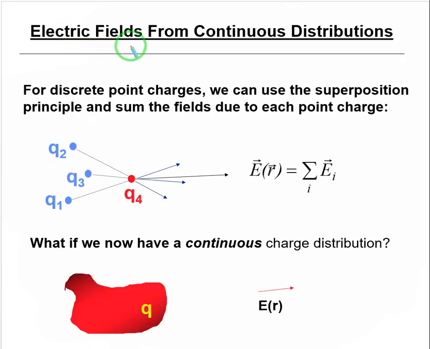So, electric field from a continuous distribution of charge. Again the same thing: take discrete point charges and use the superposition theorem. In superposition, we just add all the fields, so we have E1, E2, E3. So your electric field at charge Q4 is the summation of all the electric fields.